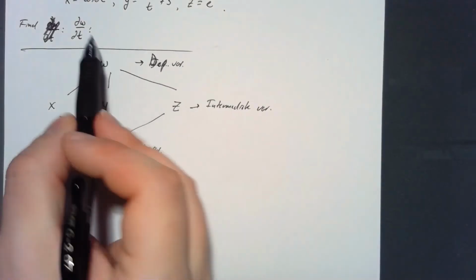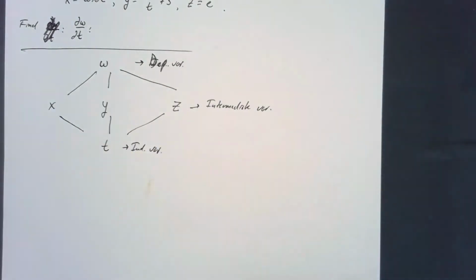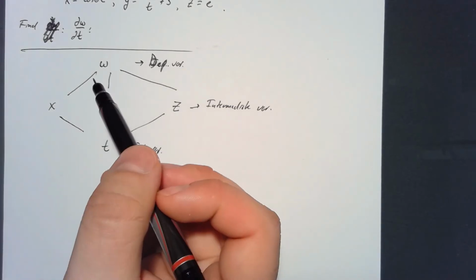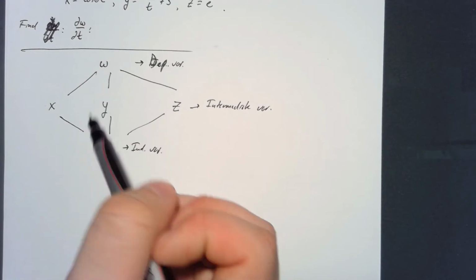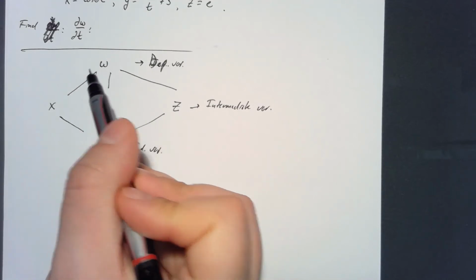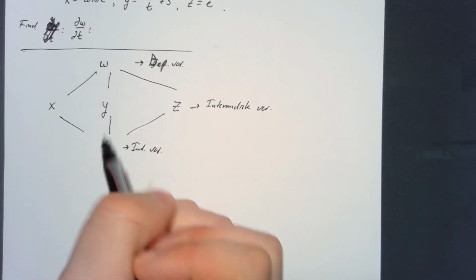So if I want to find dw/dt, just find the branches. What are all the branches that go from w to t? It turns out to be the whole diagram, doesn't it? I could draw them out, but they all end up at the same place.